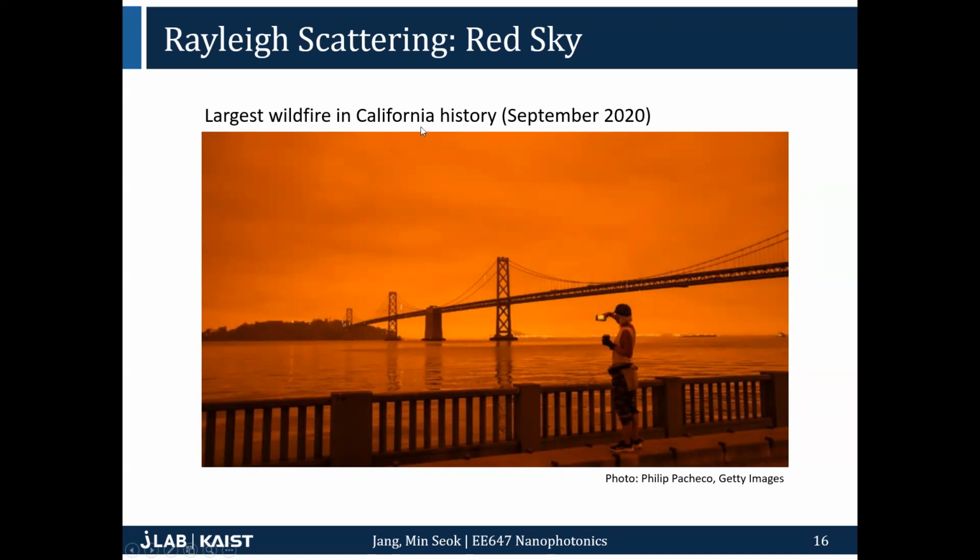But due to the fire, there are so many small particles in the atmosphere that the effective thickness of the atmosphere increases a lot. So in this case, blue light is all scattered off, and you can only see the red, which is less affected by the scattering event.